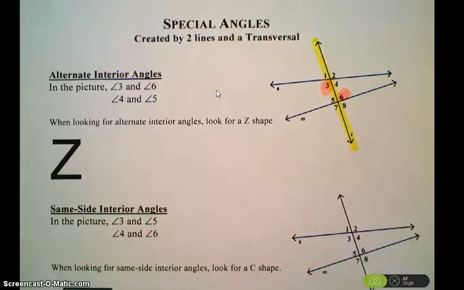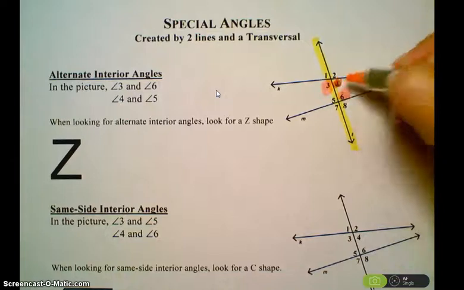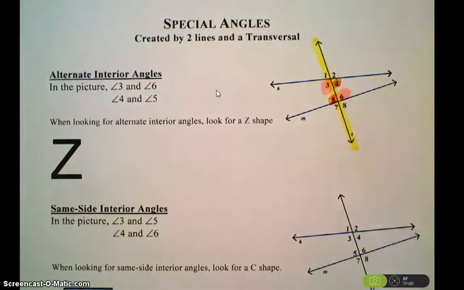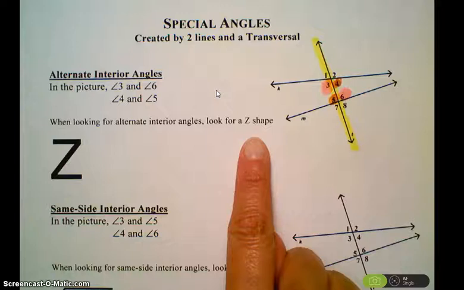We also have angle 4 and angle 5, which also qualify as alternate interior angles. And again, I've made those orange so they look kind of pink, but we can see that those are alternate interior angles. When you're looking for alternate interior angles, you want to look for a Z shape.